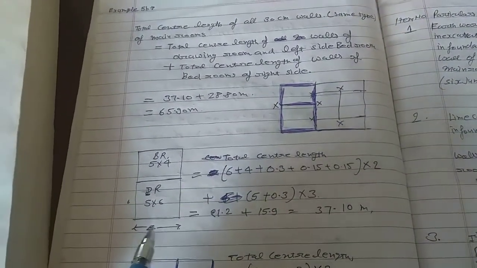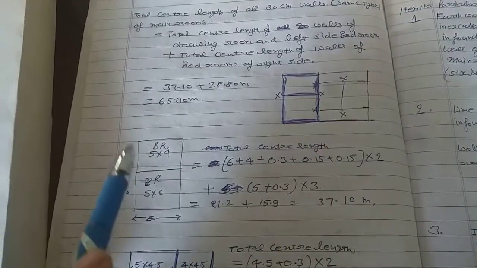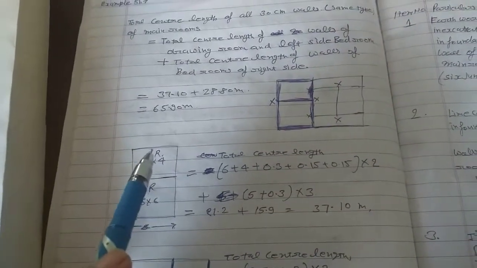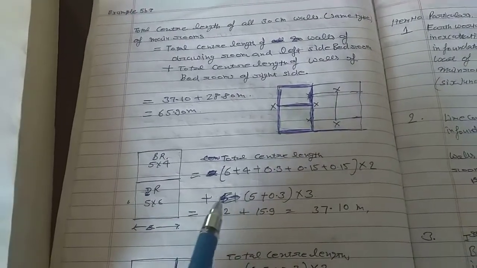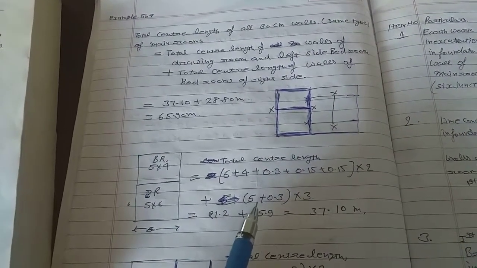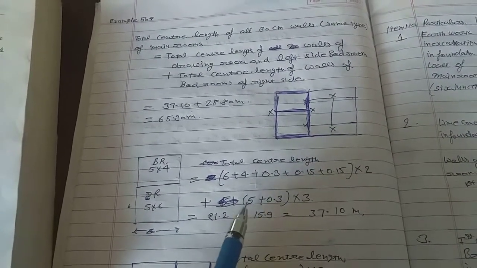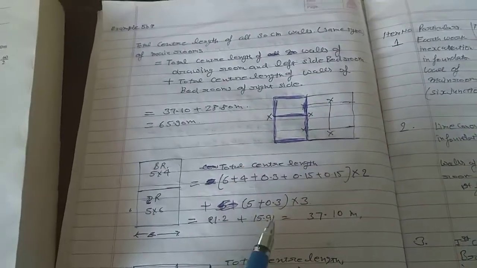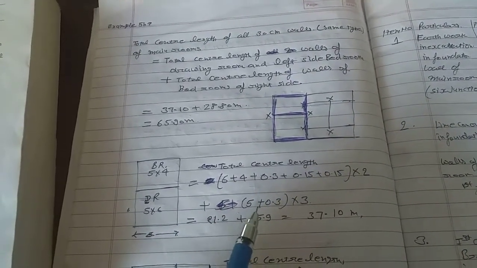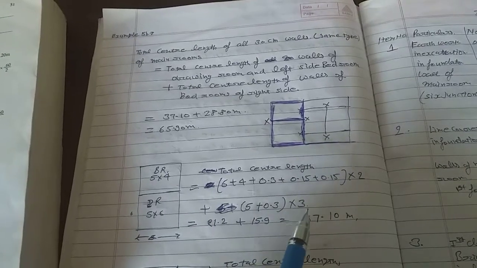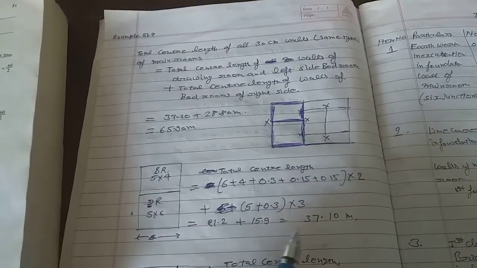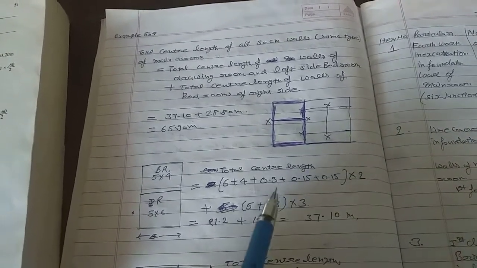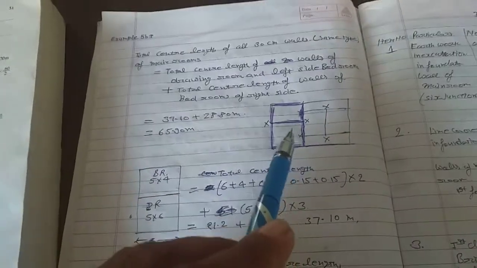Then the short walls: these three are short walls, so we multiply by 3. 5 is the clear length, 0.3 is the wall thickness, so center to center distance is 5.3, with 3 short walls, multiply by 3. Finally 37.10 is the total center length of the first part.